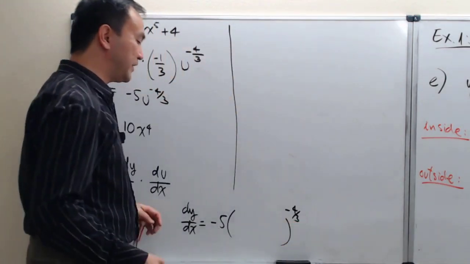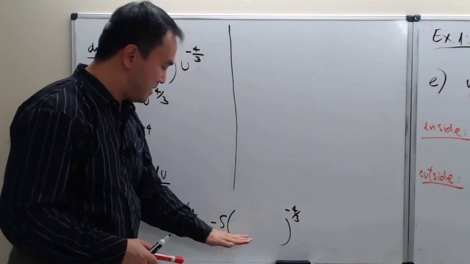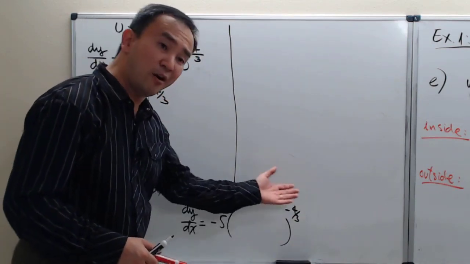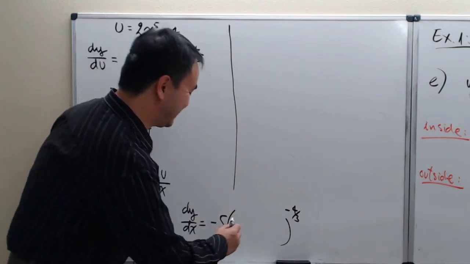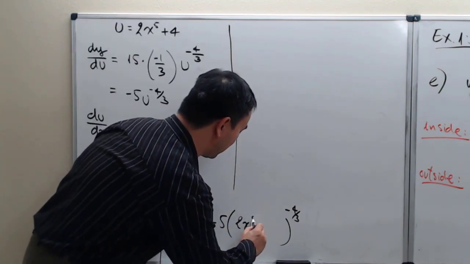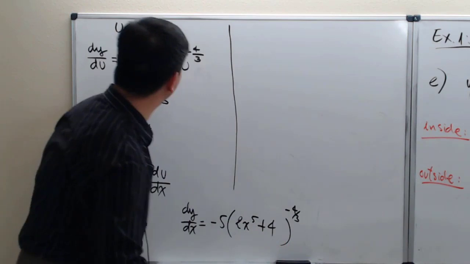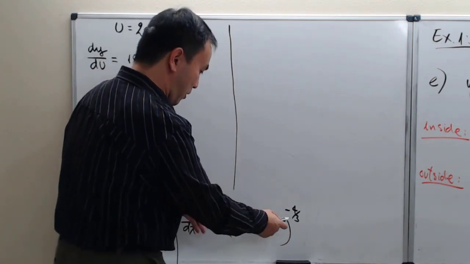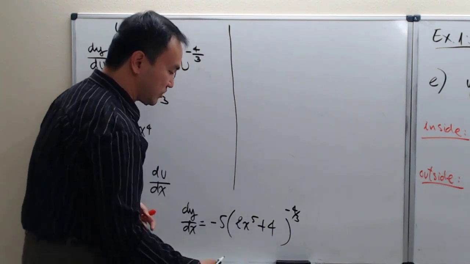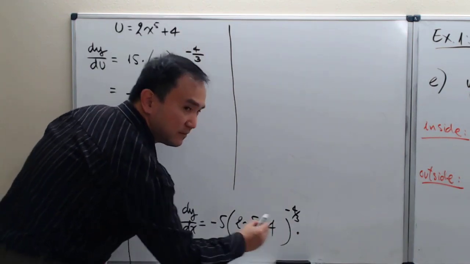Anyone viewing the video should see a general picture that this is the derivative of the outside. And now we're going to put the inside function in there: 2x to the 5th plus 4. Now the chain rule says we multiply the derivative of the outside with the derivative of the inside function.